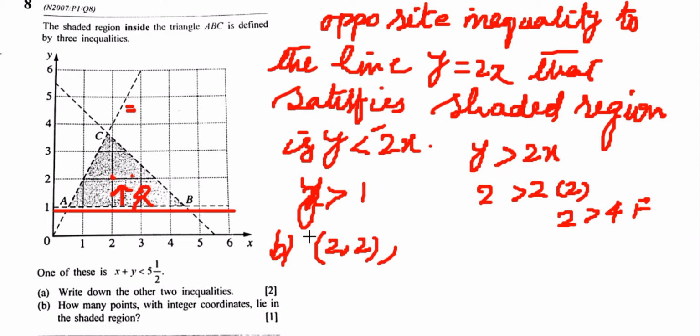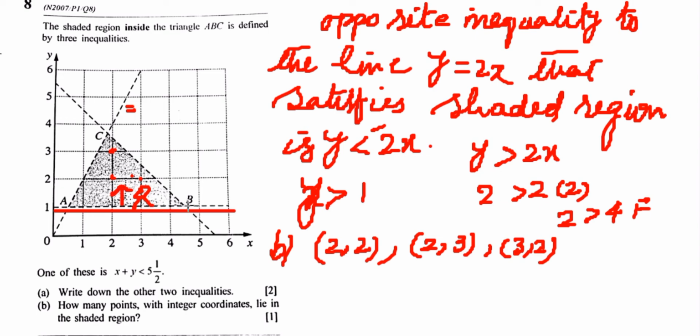The second one is this, x is 2, but the height is 3 now. The next one is this, when x is 3 and y is 2. Just these are the 3 points that lie in this region.